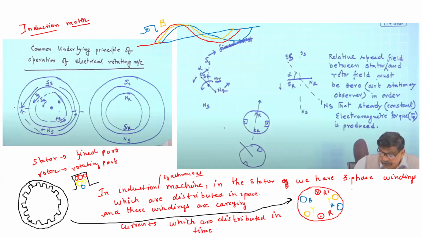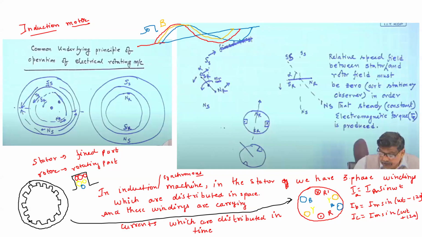Let us say ia is equal to im sine omega t, which is distributed in time because of omega t. Let us say ib is im sine omega t minus 120, and ic is im sine omega t plus 120.